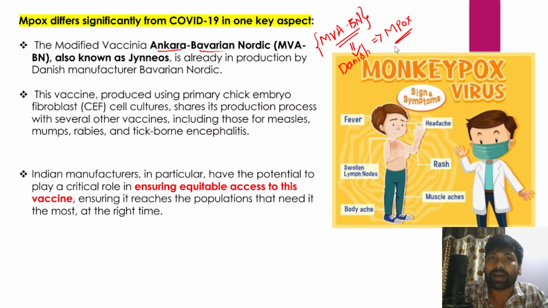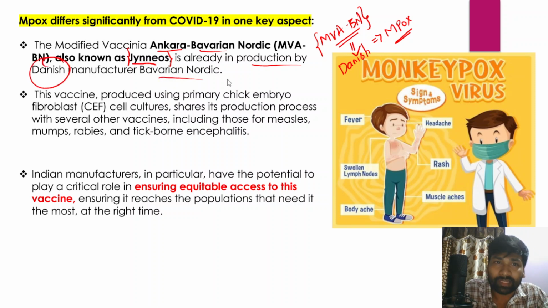This Ankara Bavarian Nordic, also known as MVA-BN, has another name, Jynneos, and it is already in the production stage by the Danish manufacturer Bavarian Nordic.